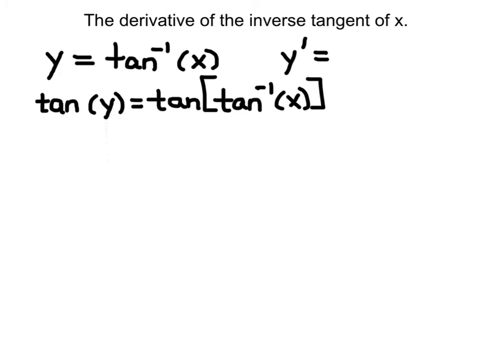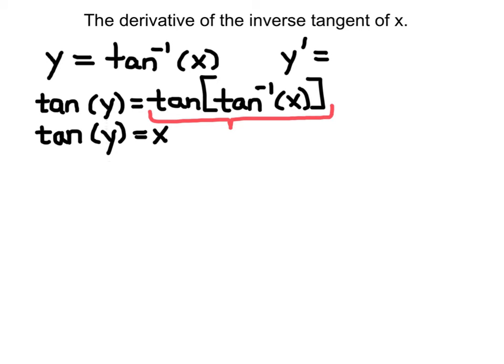And what we see here is that we are taking the tangent of the arctangent, which is the composite of two inverse functions. So it's going to give us back our input. So we end up with the tangent of y is equal to x. And you can see this is kind of a common theme for how we do this, right?